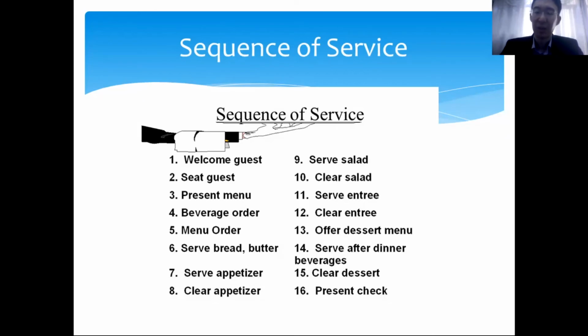Usually here, after the main course and before the dessert, we clear the whole table. Tables should be as clean as possible, basically as if there was no customer and they had nothing to eat. Then we serve the dessert, and serve dinner beverages, which can be tea or coffee.